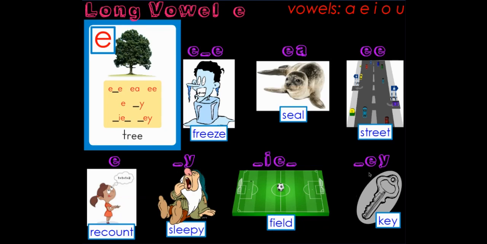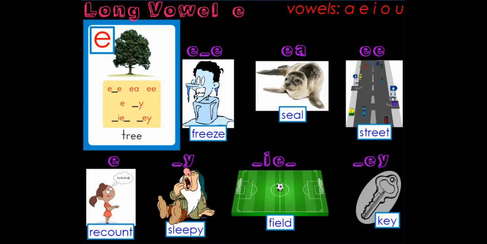Next, we have the long E spelling pattern, EY, like this word, key. Do you hear how the E and Y together are making one sound, the long E sound? Here we have a key, so you can lock and unlock doors.